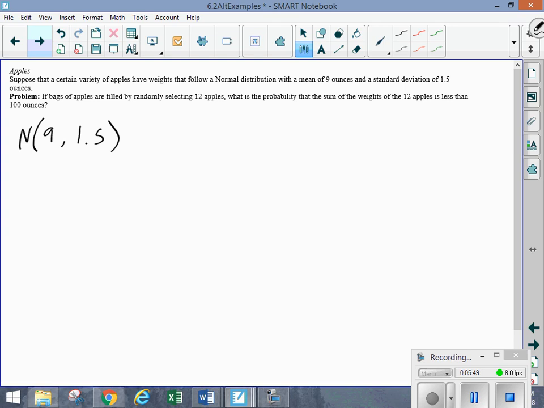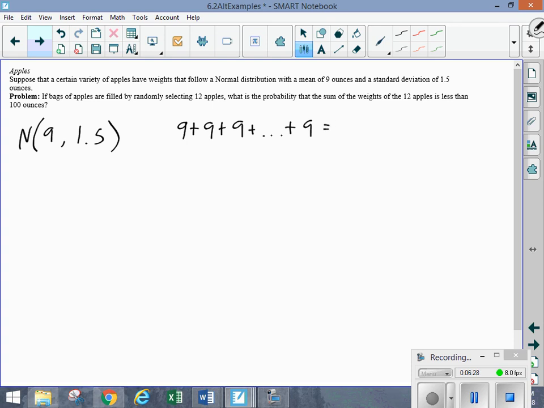apply the idea that if each one of these is a random variable, right? Then what we're going to be able to do is actually add these means. So if we're selecting 12, what we'll have is, I was trying to decide on notation. So this will be our new mean.